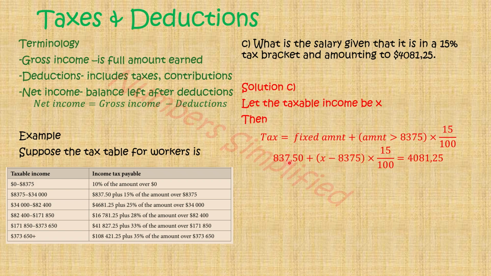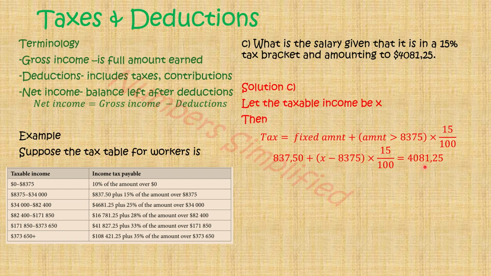So now, substituting for that fixed amount that we find in that bracket, we are going to have $837.50 plus the amount that exceeds the threshold that has been set for this tax bracket. So to get that, we are going to say X, which we do not know, minus $8,375, times 15% of that.